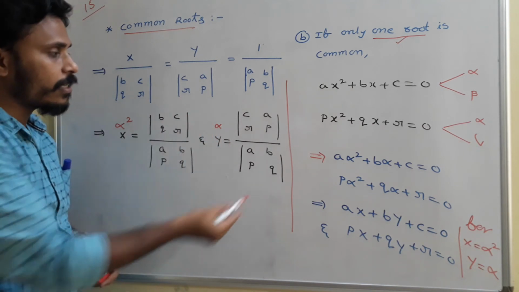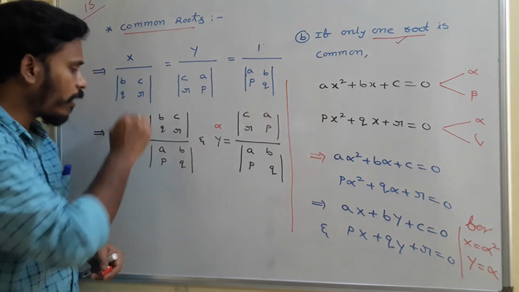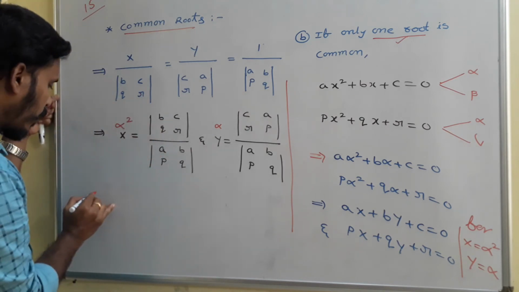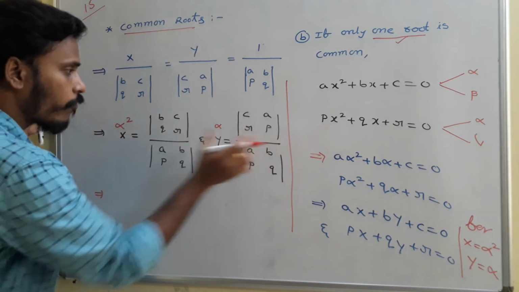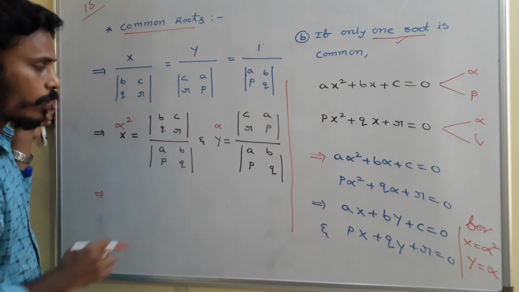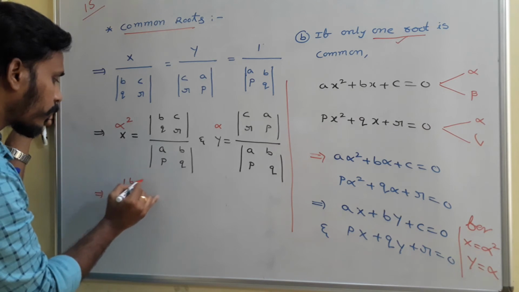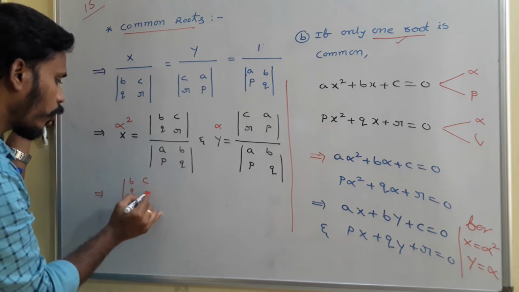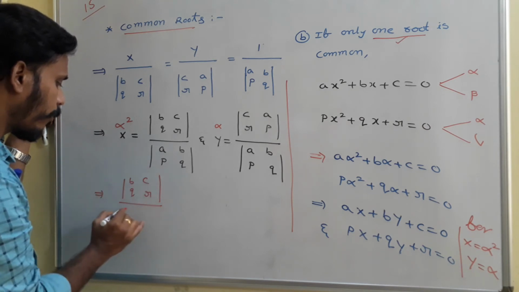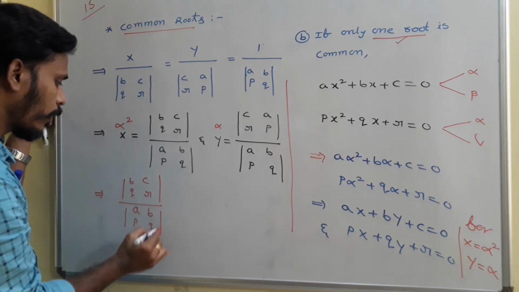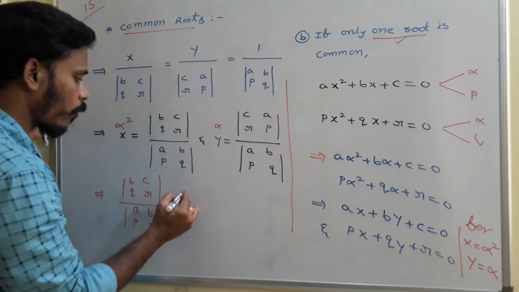If you square this alpha, you need to get this alpha square. With that idea, square of this is equal to this one directly, and that's why we write it like this: determinant of BC QR divided by determinant of AB PQ is equal to, what is its square?